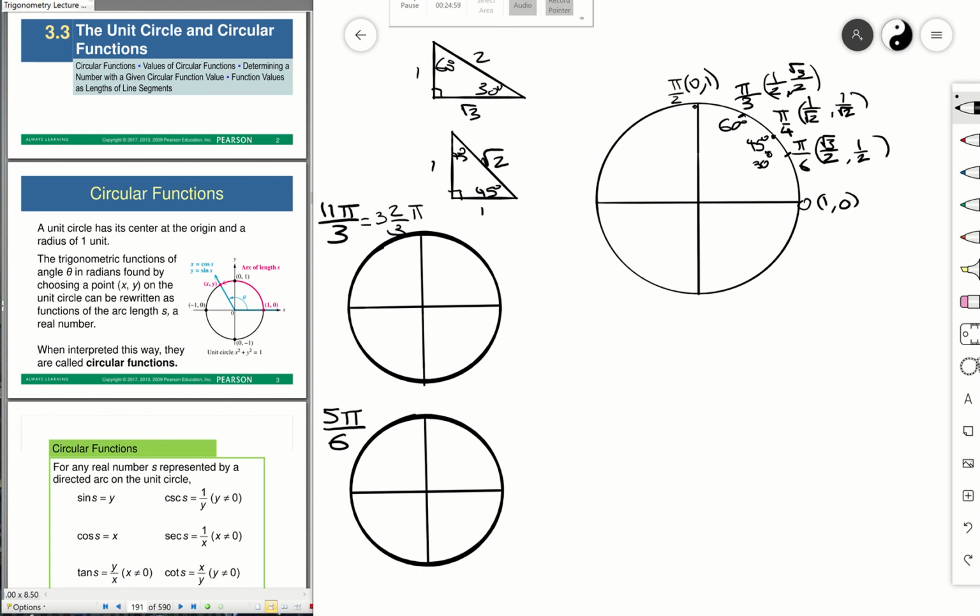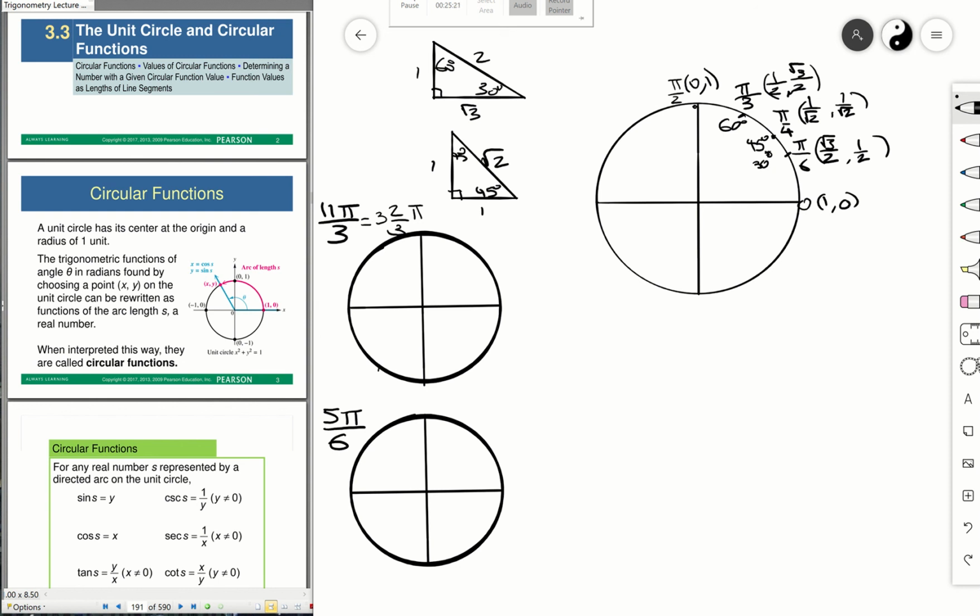So we know that starting here, we go half a circle, that's 1 pi, another half, that's 2 pi. So 3 pi, we're back here where pi was. And from here, we're going to keep going in the counterclockwise direction because it's positive, and we're going to go 2/3 more of a pi.